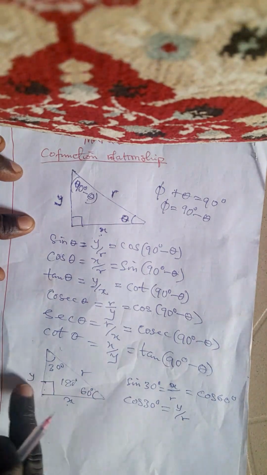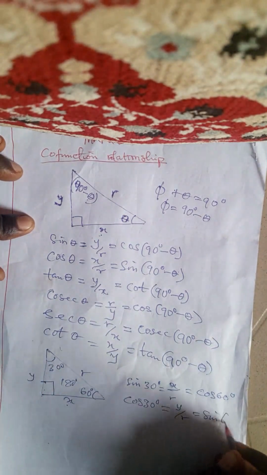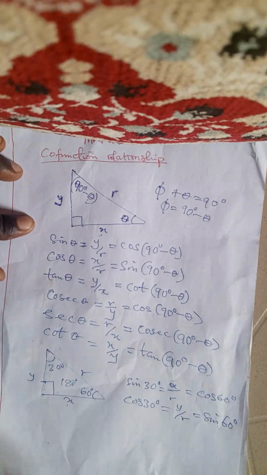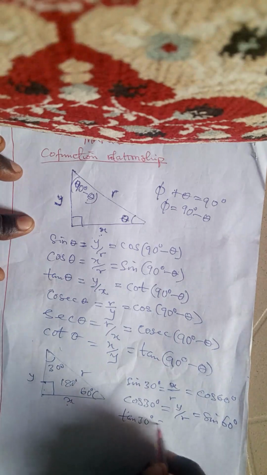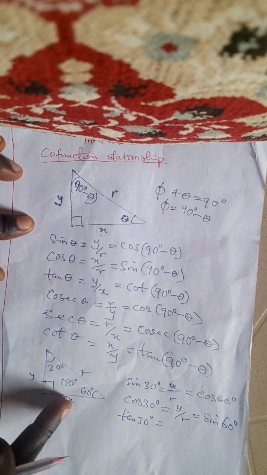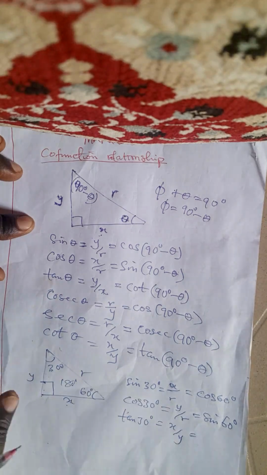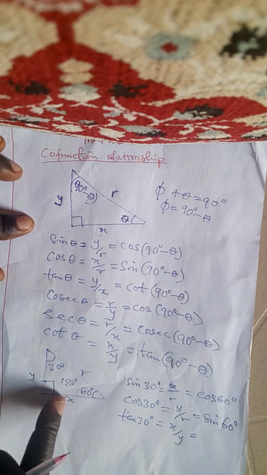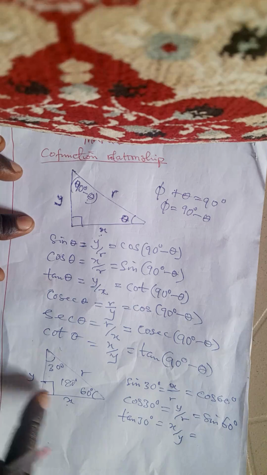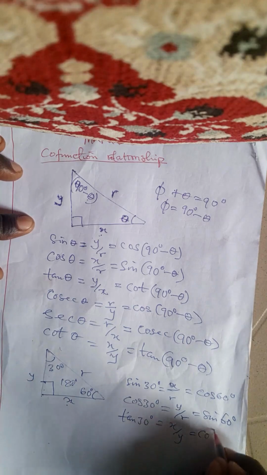But in terms of 60, this is opposite over hypotenuse. So this is equal to sine 60 degrees. What is tan 30? Tan 30 degrees is opposite over adjacent, which is x over y. But in terms of 60 degrees, x over y is adjacent over opposite, which is equal to cot 60 degrees.